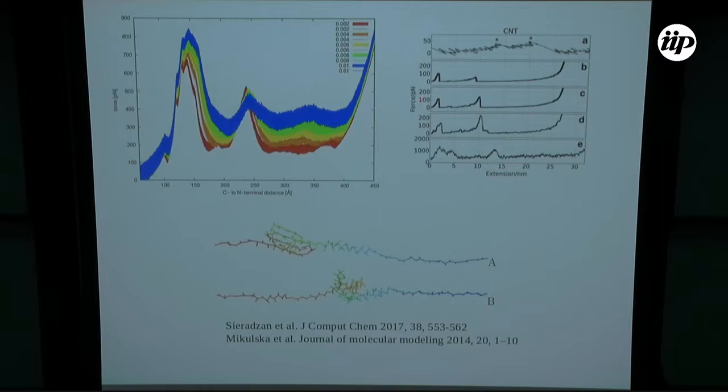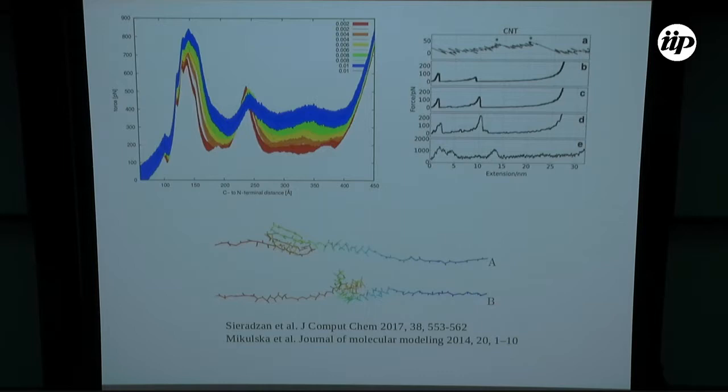There were also all-atom simulations, and there by Mikulska and collaborators, the coarse-grain model, they obtained different extension results, but still two jumps. And when they analyzed what is the most stabilizing factor, they found that beta fragment is the most important one and the most stable one.